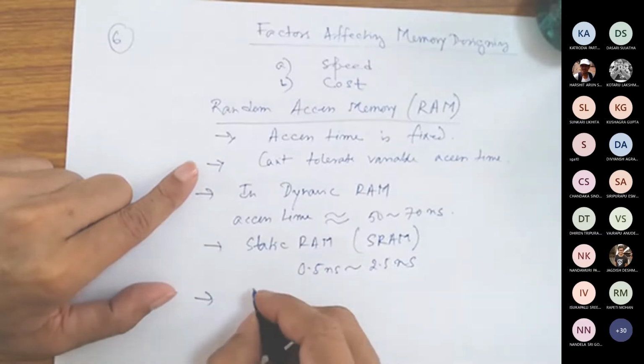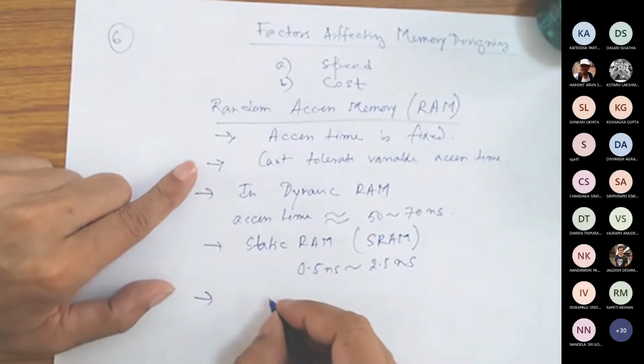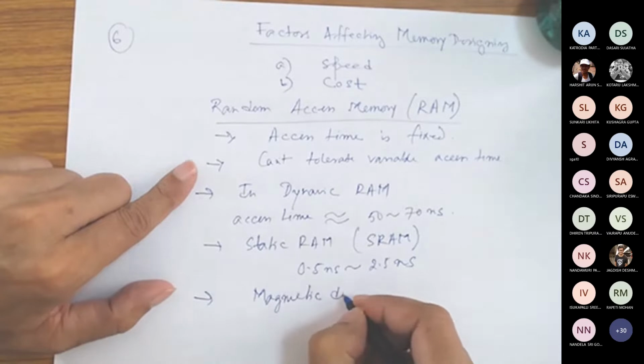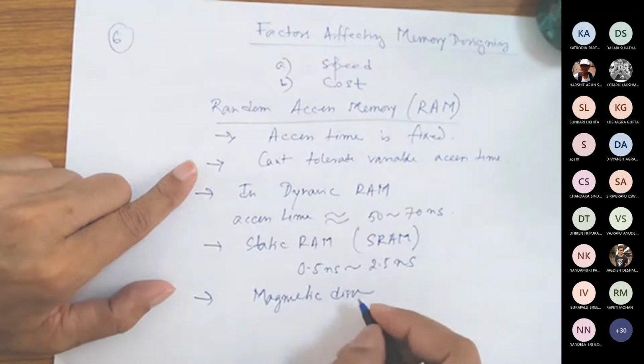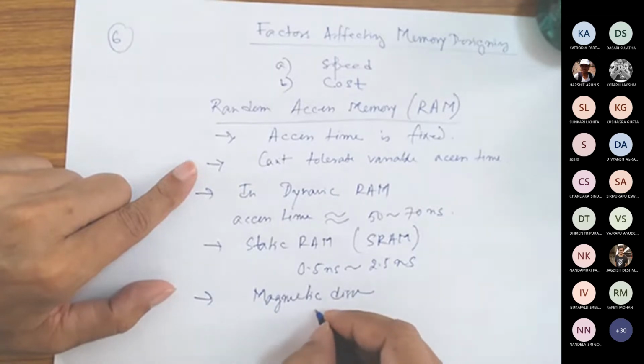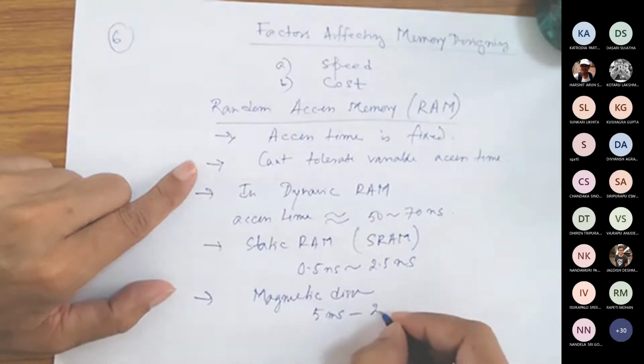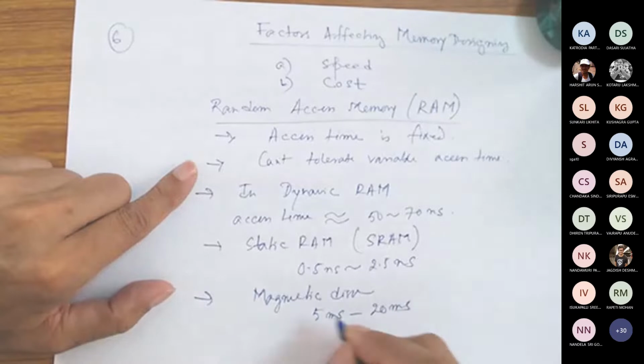Whereas in case of magnetic disk, the access time is 5 milliseconds to 20 milliseconds.